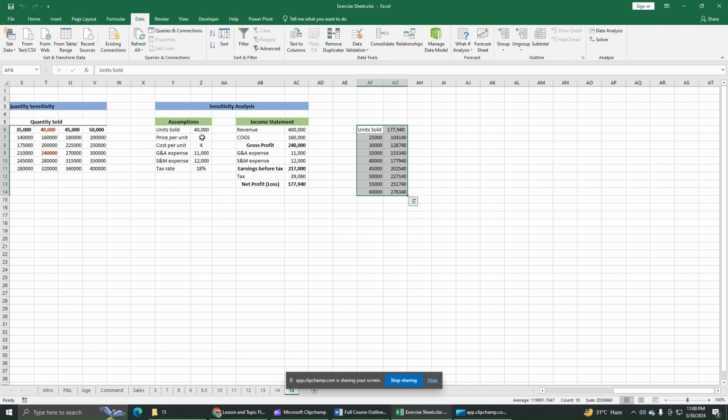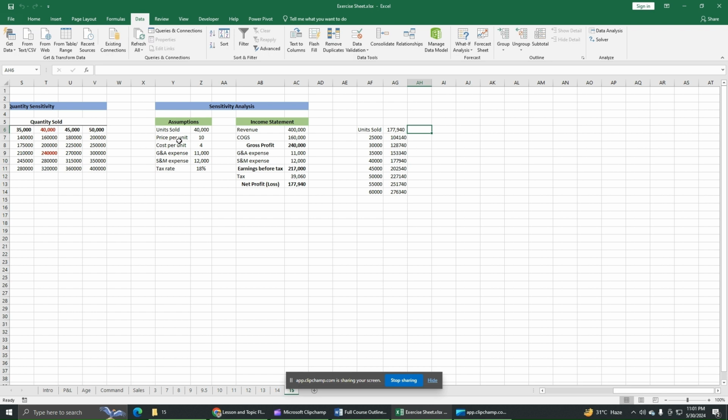Now we can see for 40,000 units sold, the net profit was 177,940. If the units sold is less, the net profit is less. If the units sold is more, the net profit is more. So this is how we can calculate sensitivity analysis for a single variable.